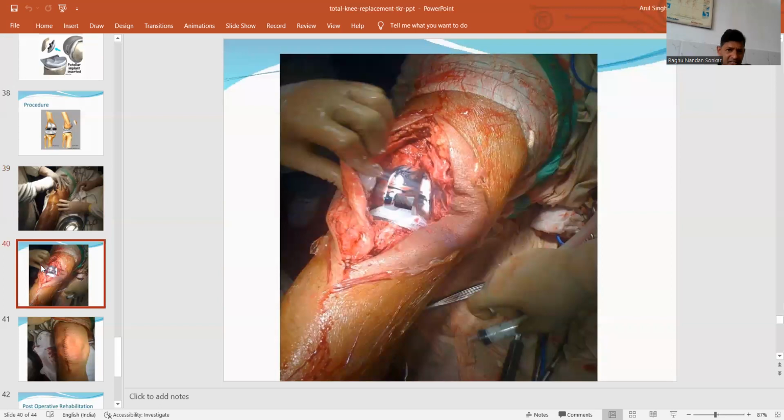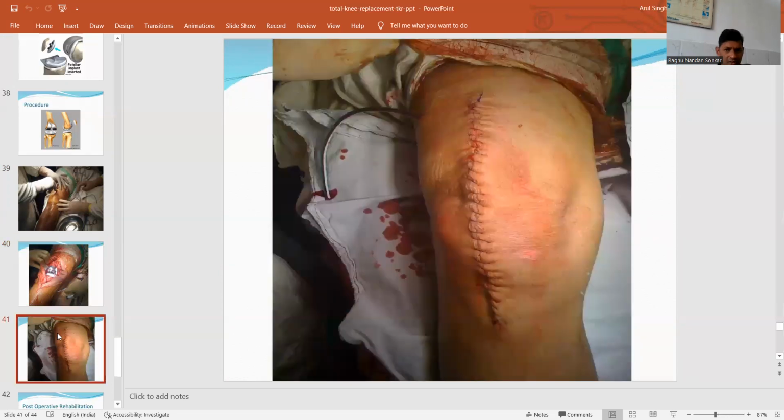This is the picture in which the muscle is retracted, all joint cuts can be taken, and the implant inserted. This is after inserting the implant and before closing the joint. This is a surgical intra-op picture. This is the suture line. You can see the midline parapatellar approach.